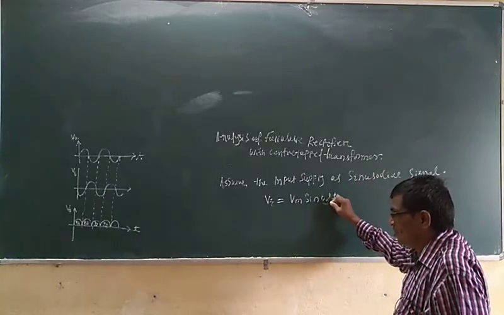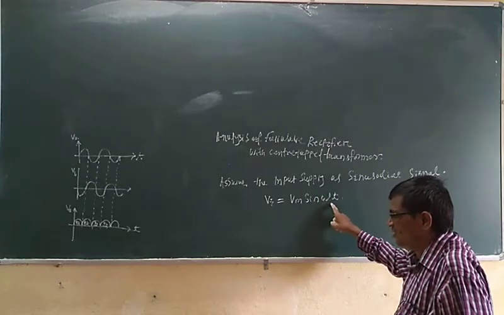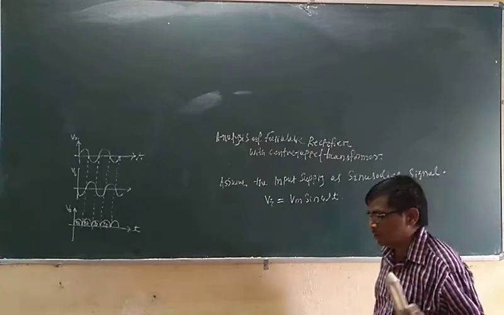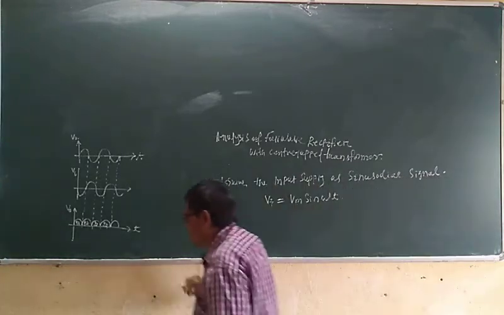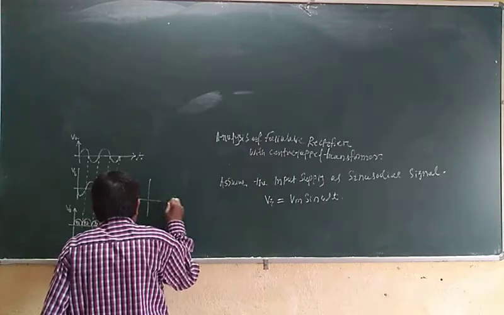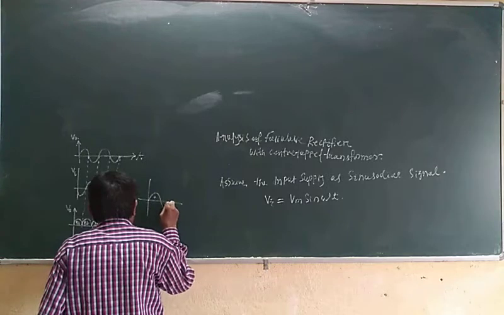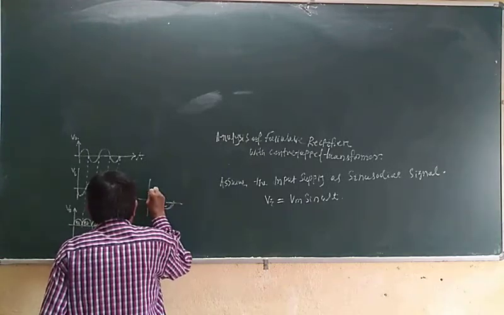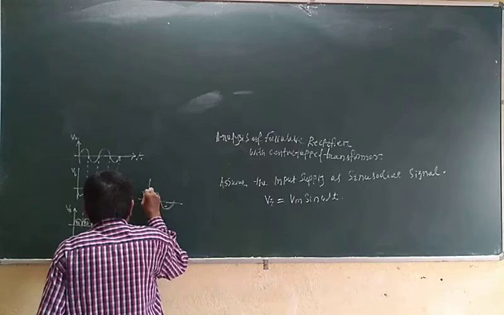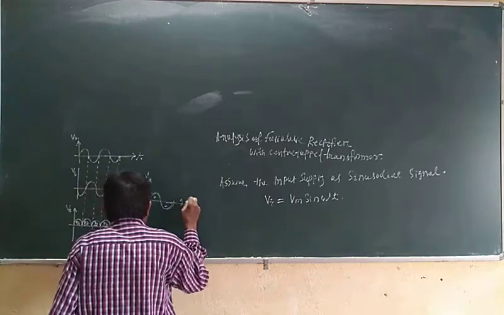Omega t is nothing but the angle, that is sin theta, and Vm is the maximum voltage of the signal. When the input signal looks like this, with a positive half cycle and negative half cycle, that is the input waveform, and the maximum voltage Vm is on the voltage axis, and that is the time axis.